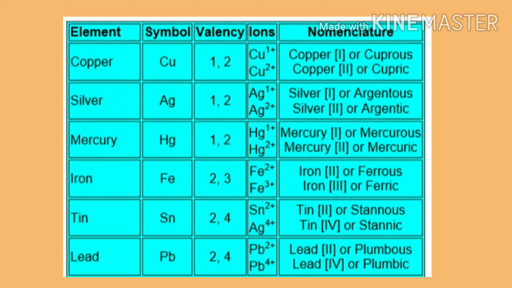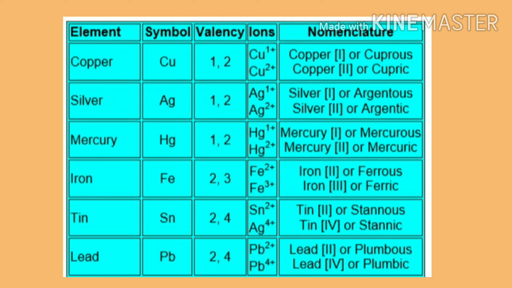Then tin, the symbol is Sn, and the valencies are 2+ and 4+. For tin, the lower valency ends with OUS and the higher valency with IC, that is stannous and stannic. And lead, the symbol is Pb, and the valencies are 2+ and 4+. For lead, the lower valency is plumbous and the higher valency is plumbic.